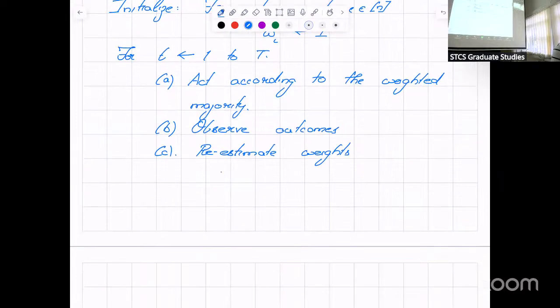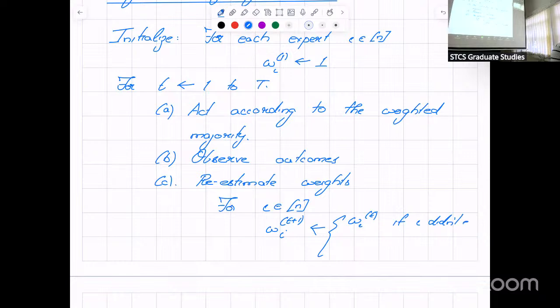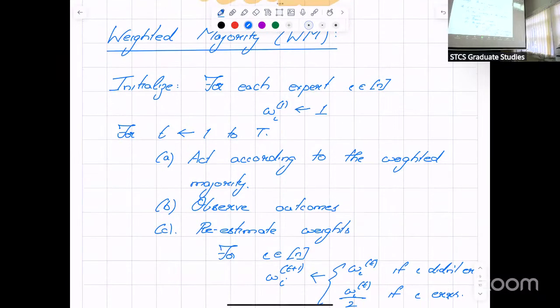For all the experts i in n, w_i^(t+1), for the next round t plus 1, is w_i^t itself if i didn't err, and if i erred, it is w_i^t divided by 2. And we continue the process.